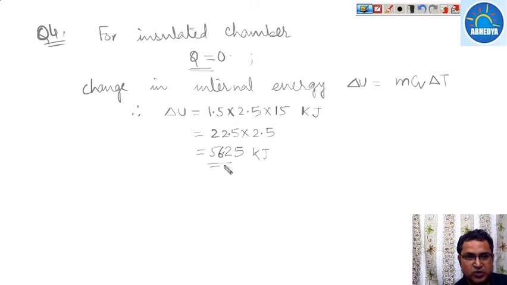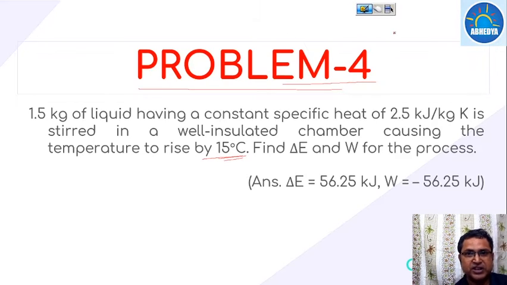So 56.25 kilojoule is the net change in internal energy.